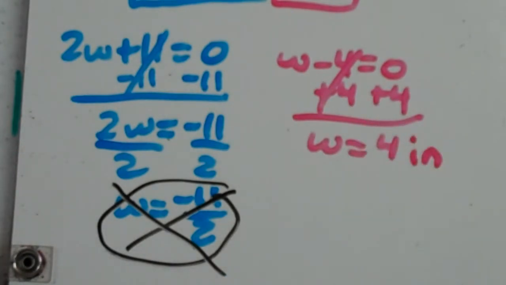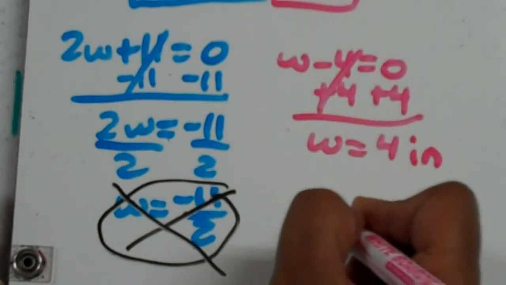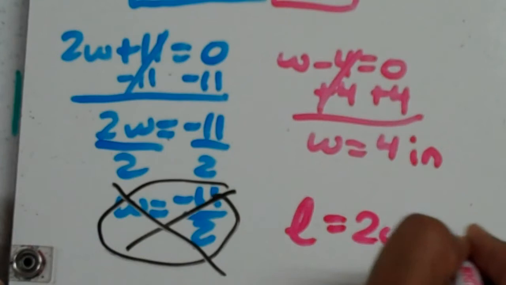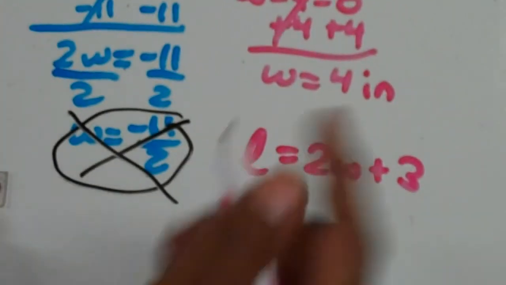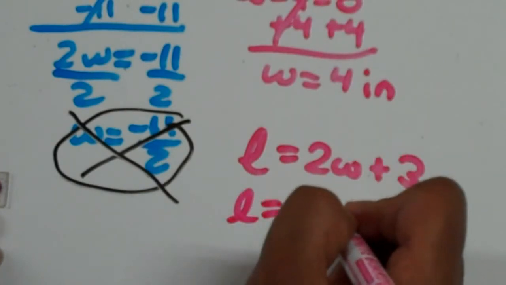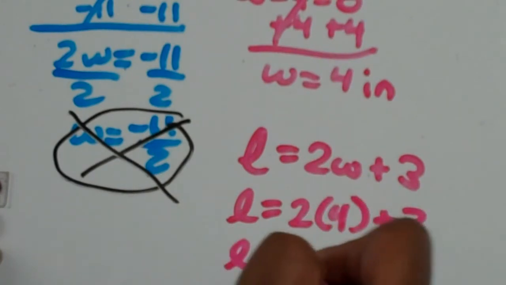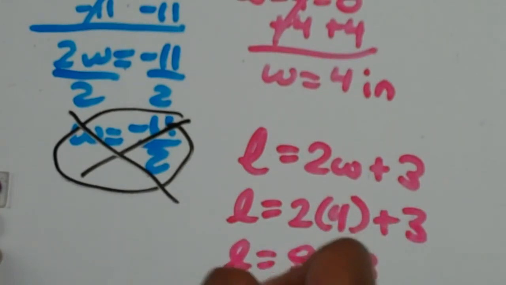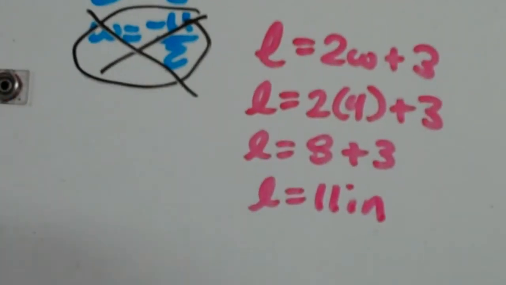So we use the original equation that we had for length, which was L is equal to 2W plus 3, to figure out what our length is going to be, and we plug in the information. So here we have length is equal to 2 times 4 plus 3. Length is equal to 8 plus 3. So our length is equal to 11 inches. And we are done.